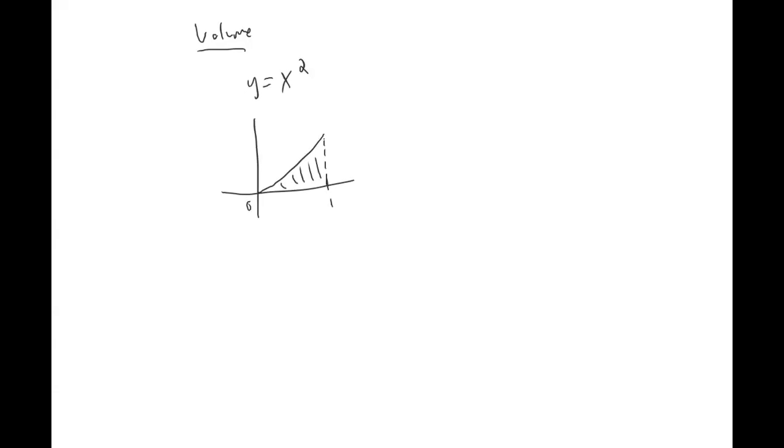Now, if you take a point, if this is the x-axis, and you have a point here, and you want to rotate about the x-axis, what would the rotation path look like?